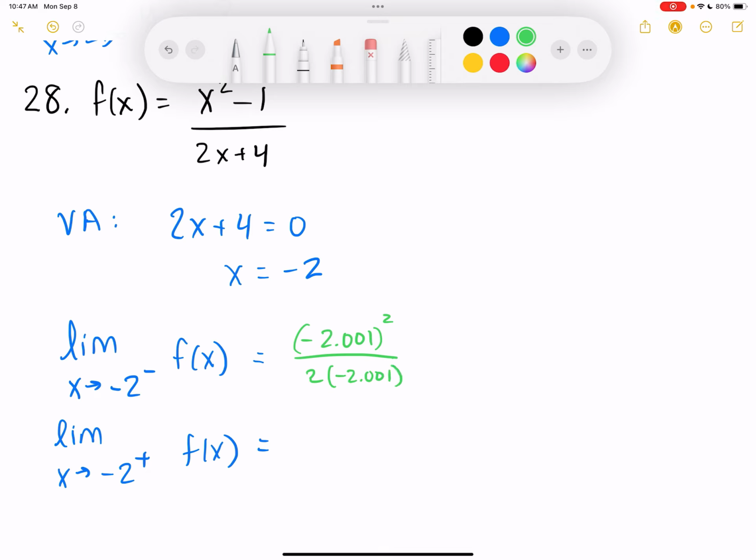Those are going to be pretty close together, because 2 point whatever squared is going to be like 4 point something, and then 2 times that. It's going to end up being bigger on the top, obviously, and the bottom's going to be negative, so this would be going to negative infinity.